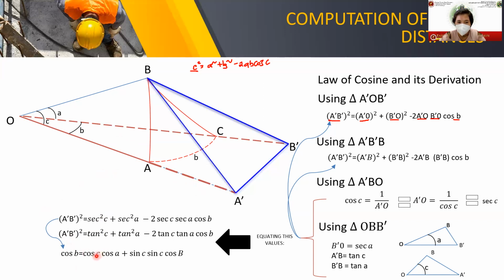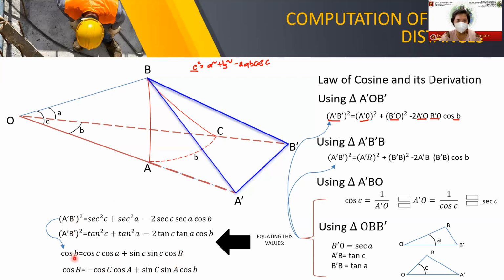Cosine C, because secant squared is the same as cosine C. This is cosine C. Similar to secant, another, we have secant squared A. Secant A is similar to cosine A. Similar secant C, sine C, and cosine B. So for the next, we have cosine B. Since this is the angle, we have minus cosine C. So this is the interior angle opposite to small letter C. We have cosine A plus sine C, sine A, cosine of B.